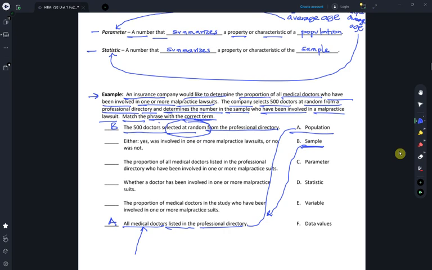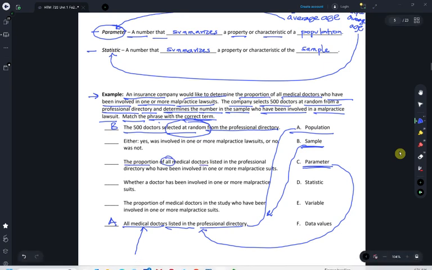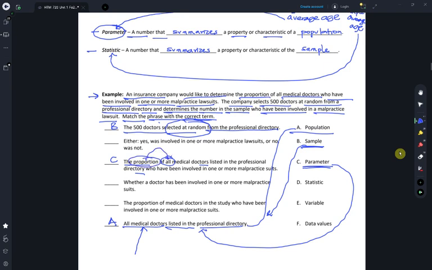Then next, for the parameter, this must be a characteristic of the entire population based on what we discussed here. So, the proportion of all medical doctors listed in the professional directory, that would be the parameter, because this fraction pertains to the entire population.